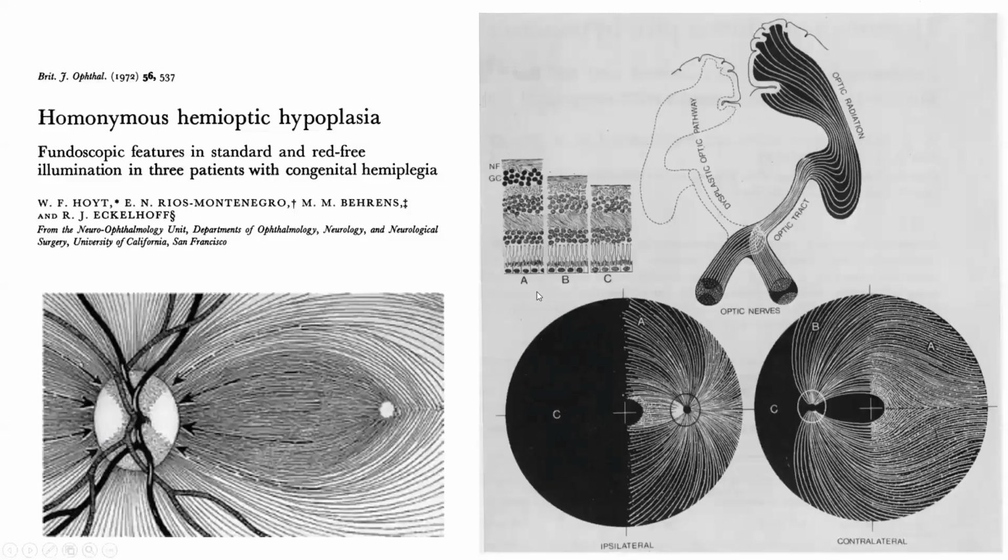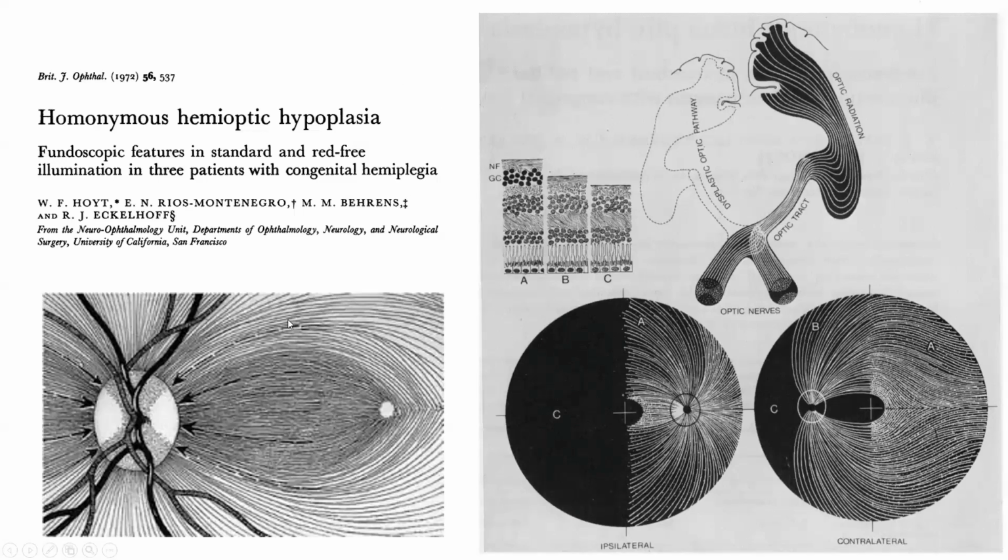What we encounter here was already described a long time ago by Hoyt in his 1972 publication, observing red-free illumination of the fundus of young patients. He also encountered a defect in the right temporal optic tract.